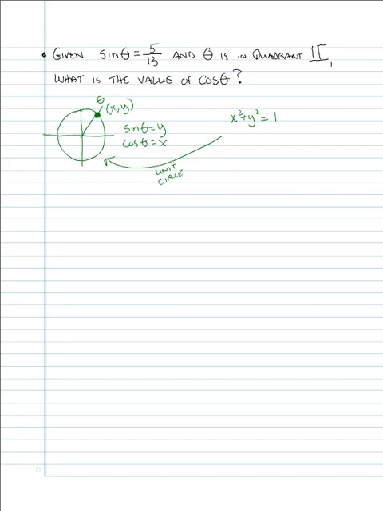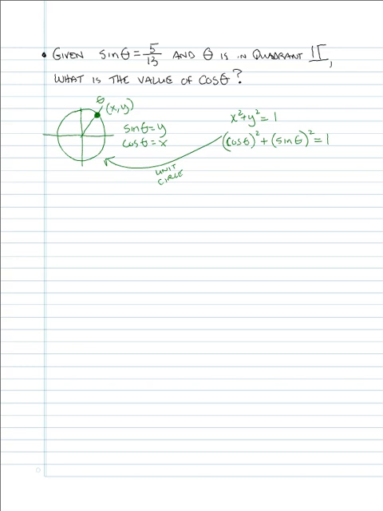Now, what that tells us is that since x is the cosine of theta, if we square the cosine of theta, and since y is the sine of theta, if we square the sine of theta, we'll get 1. This is called the Pythagorean identity. Now, we actually write that a little differently.